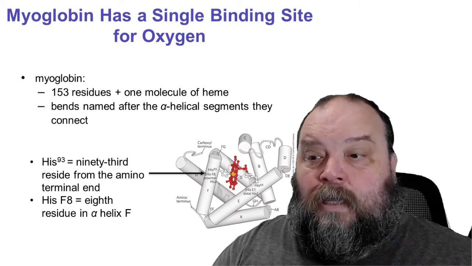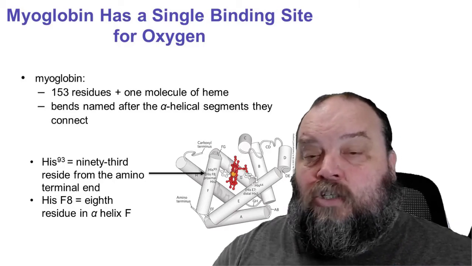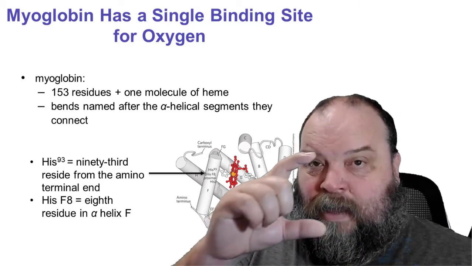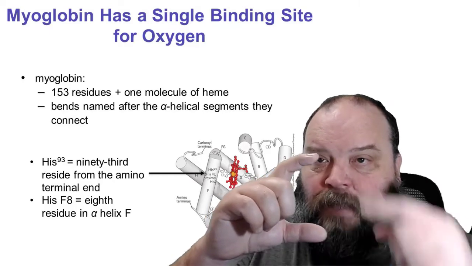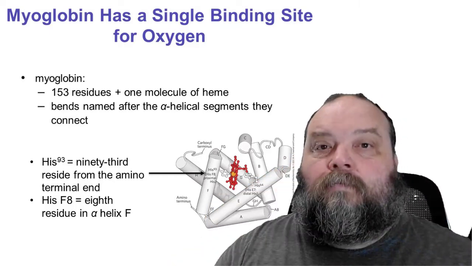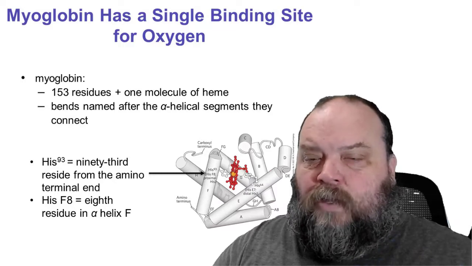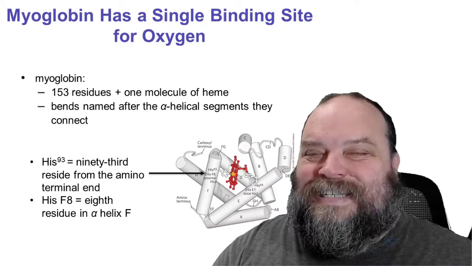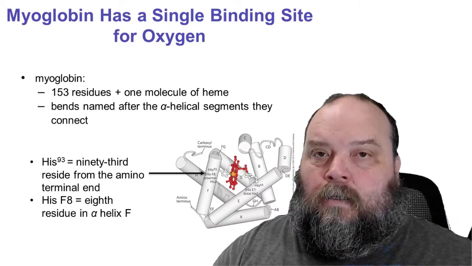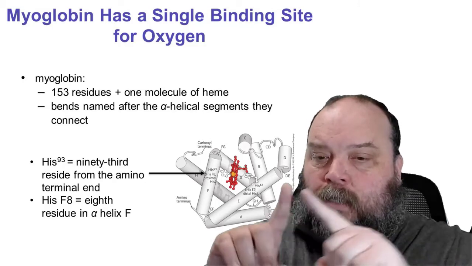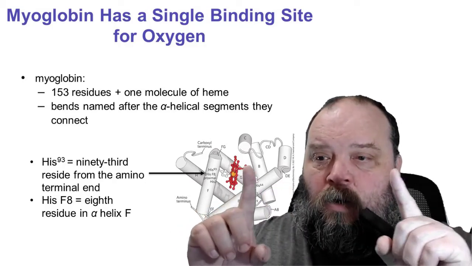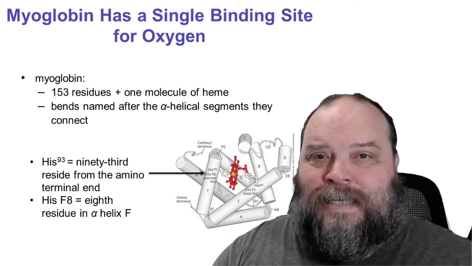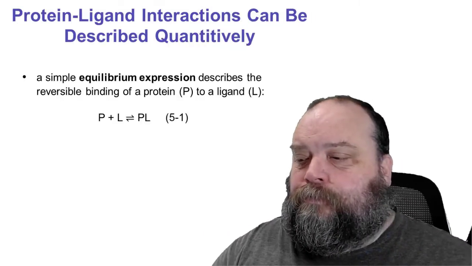The F8 means that if you're looking just at the F alpha helix, the 8th histidine is that one. So it's two names for the same histidine. It's just whether you're looking at the complete polypeptide or at just a single motif.